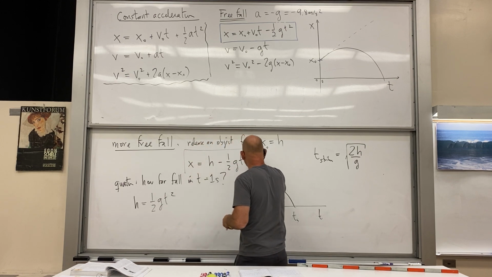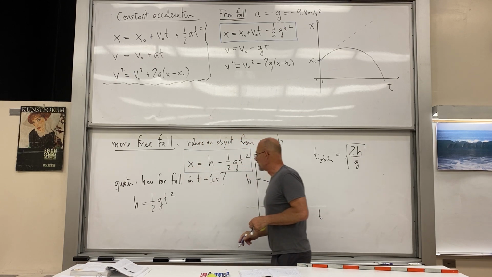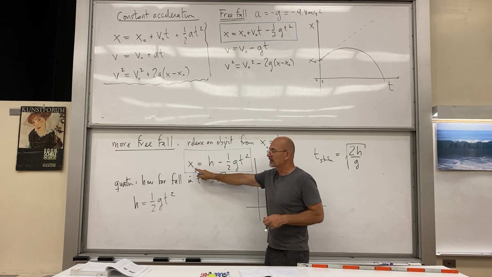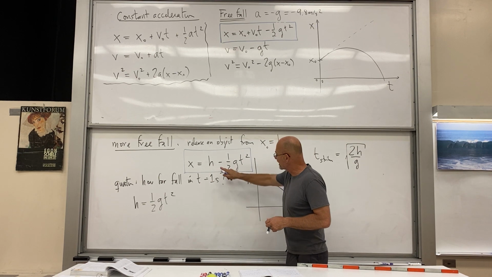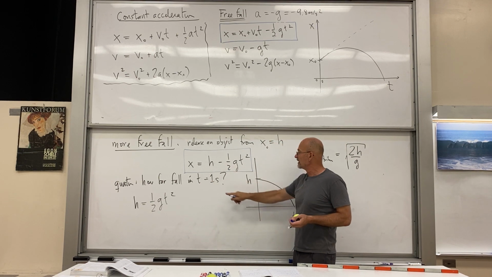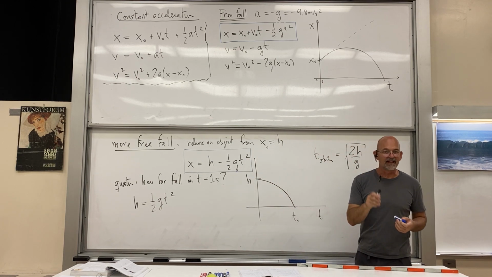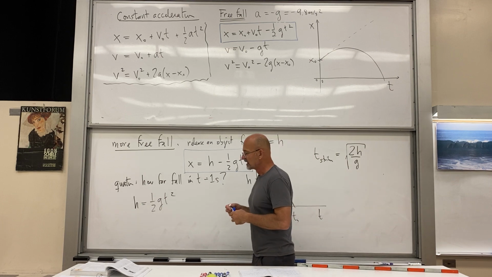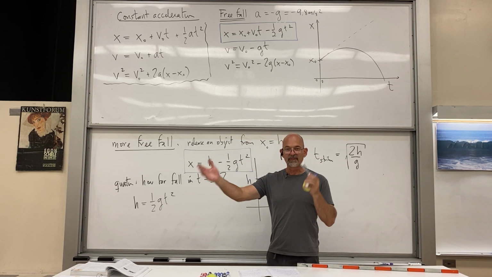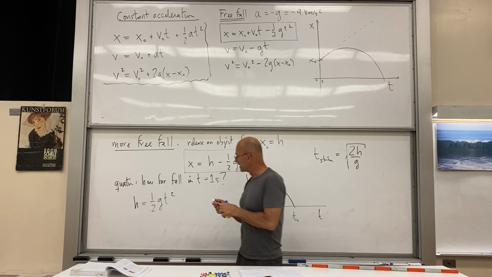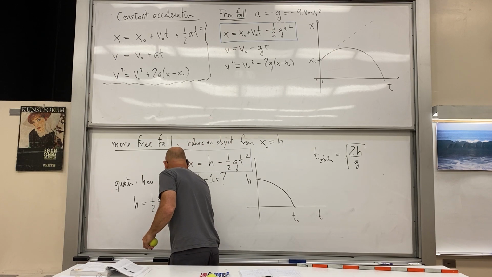Coming from here, well, when it hit the ground, x was equal to 0, and then I could solve for h and plug in t equals 1 second. Well, this is one of those cases where plugging in a number is important, okay? Because we know what 1 second is. So let's go ahead and plug that in.